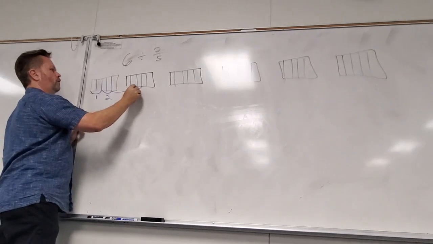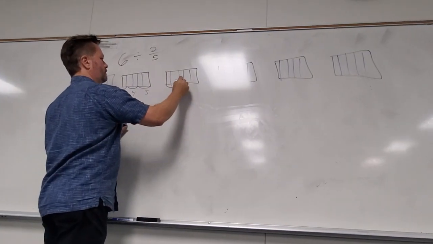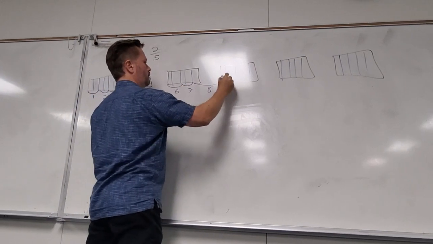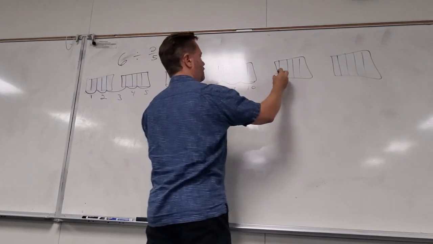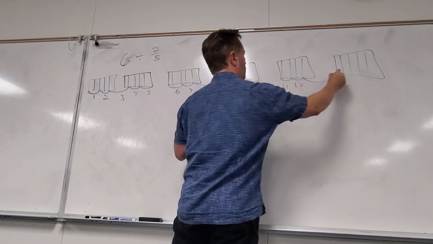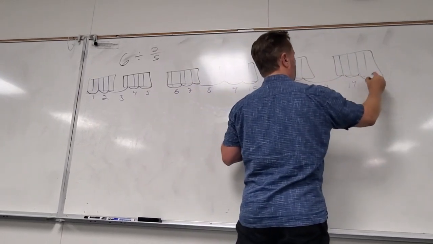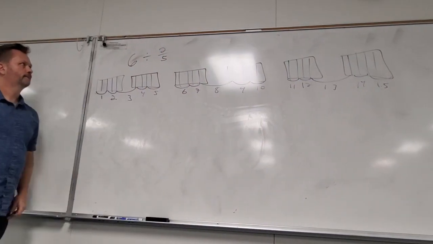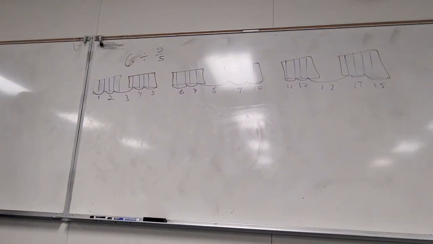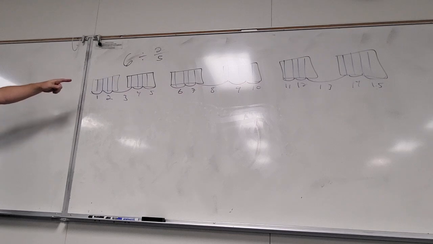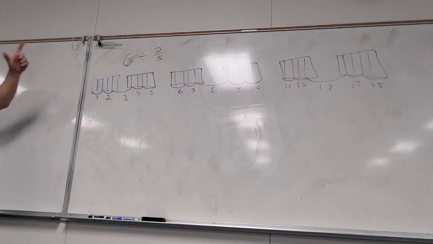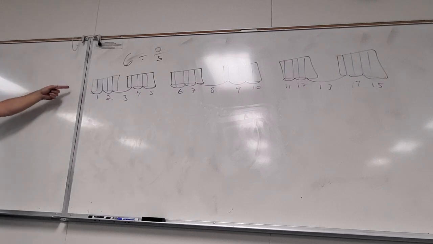That's 3, 4, 5, 6, 7, 8, 9, 10, 11, 12, 13, 14, 15. Okay. So it's actually 15, and again, you can make a physical operation out of this. If I had 6 loaves of bread and I want to give each person 2/5 of a loaf of bread, how many people could I give that to? 15, right? You guys are kind of with me.